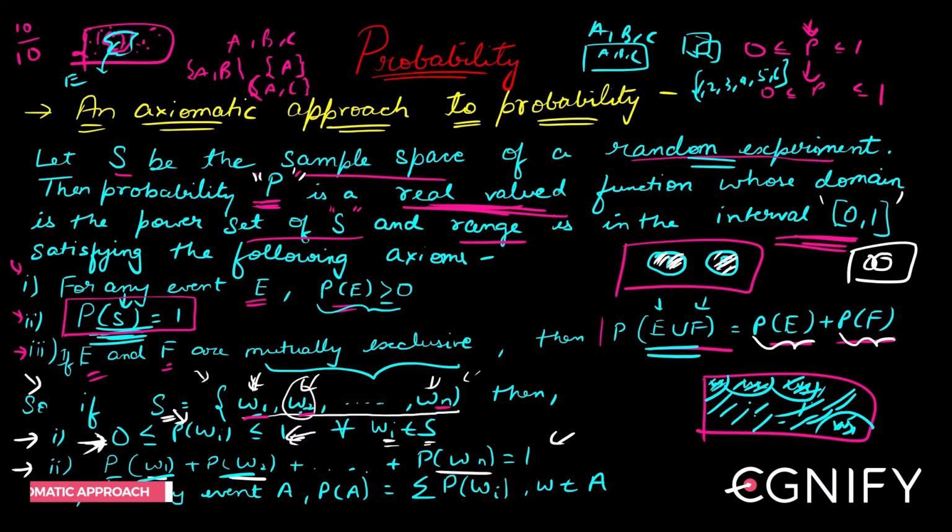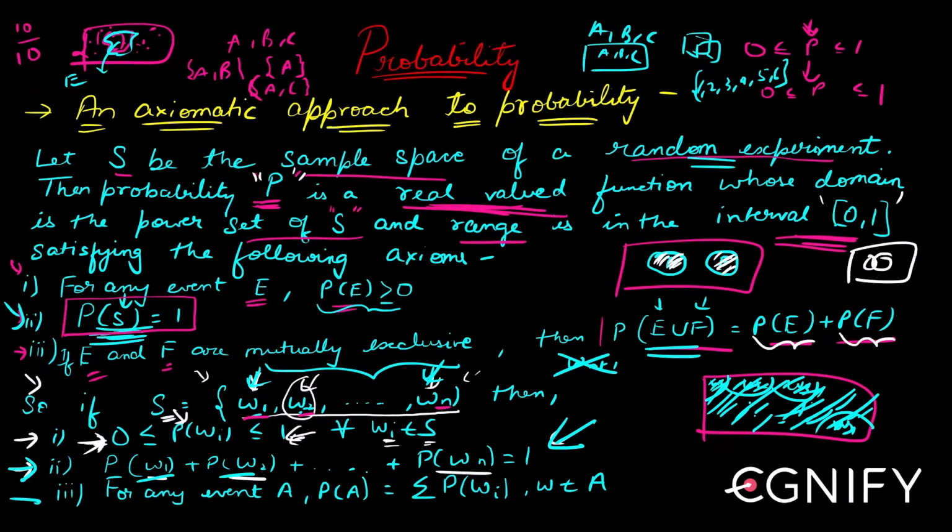So remember, for this to hold good, W1, W2, W3, so on up to Wn, all these should be your exhaustive events, right? We've already seen what exhaustive events are. Nothing other than these n cases are possible. You can't have a Wn plus 1. Only these are a part of your sample space. So if I add up their probabilities, that will make up the entire sample space, and the probability of the sample space is 1, right? So that is why you have 1 as its result.